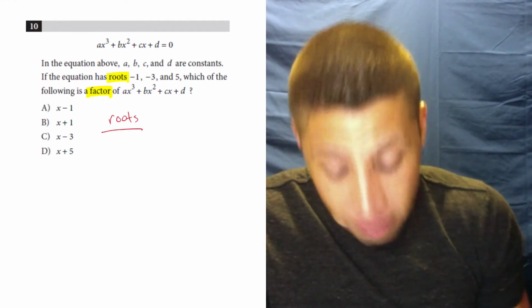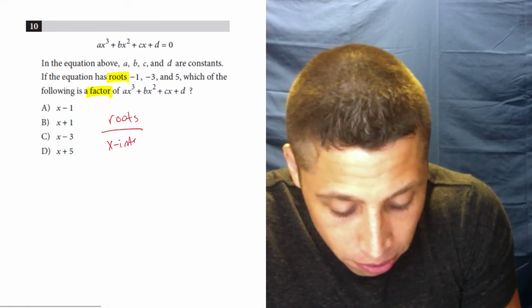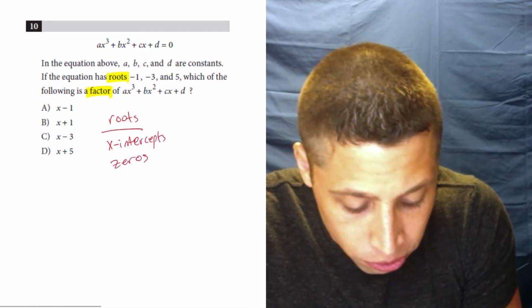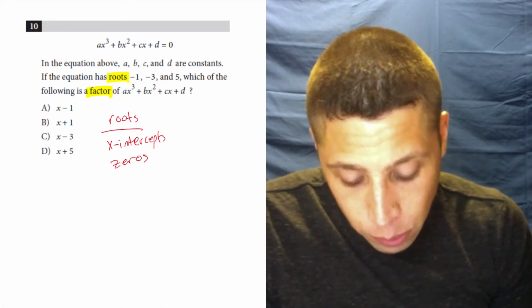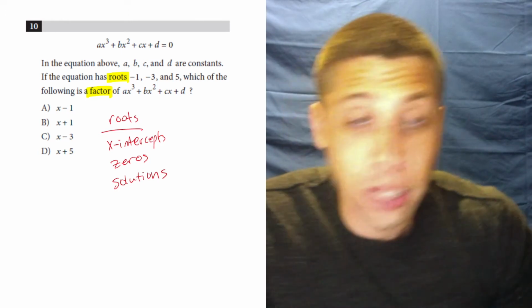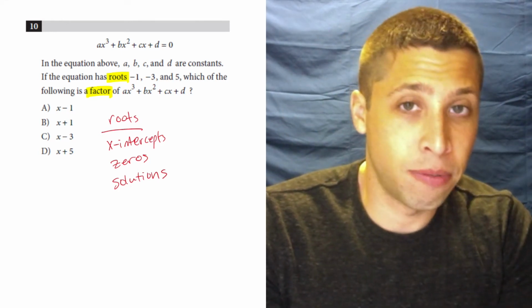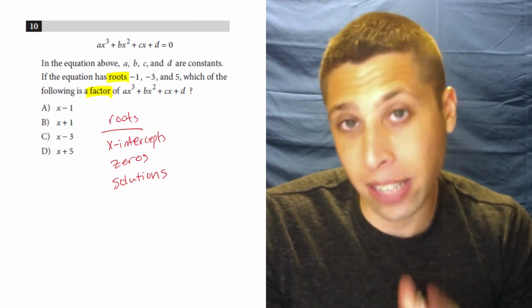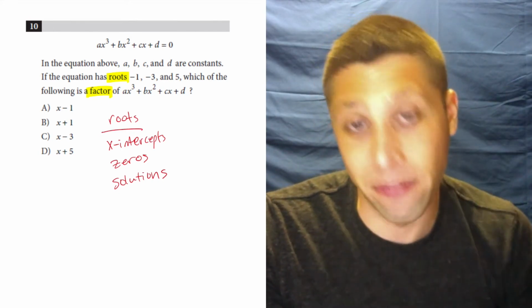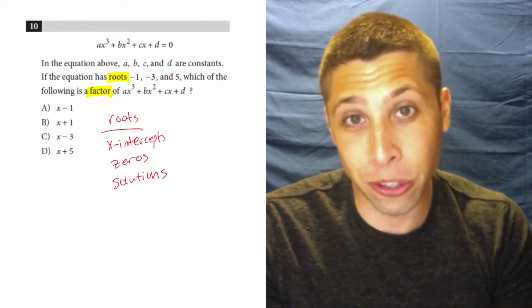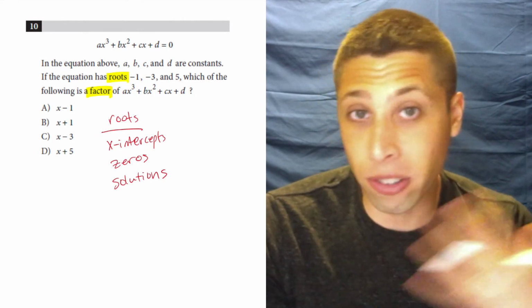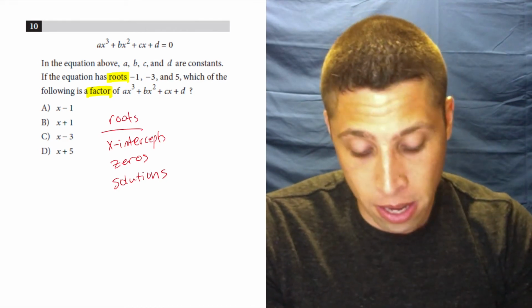The most common are x-intercepts, zeros, and a lot of times we call them solutions because we are setting the equation equal to 0. Solution can have lots of meanings in math, but a lot of times we're talking about something like this with lots of x's and exponents and factors, and the word solution comes in. So roots, x-intercepts, zeros, solutions are literally going to be synonyms.